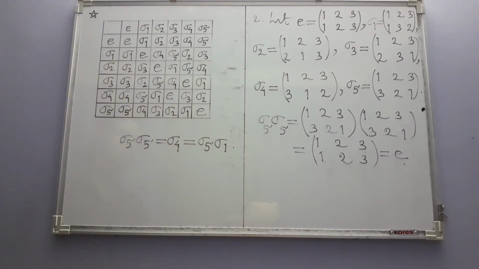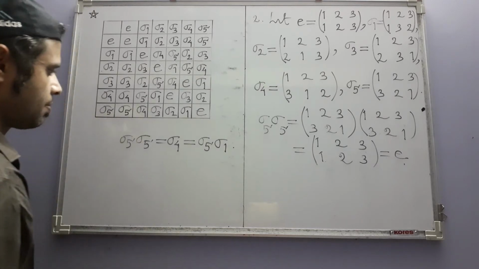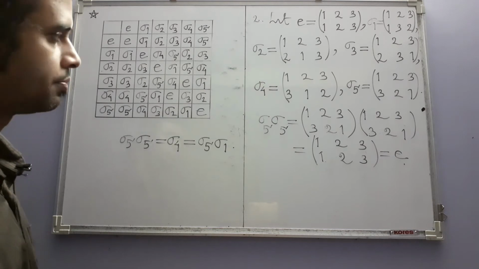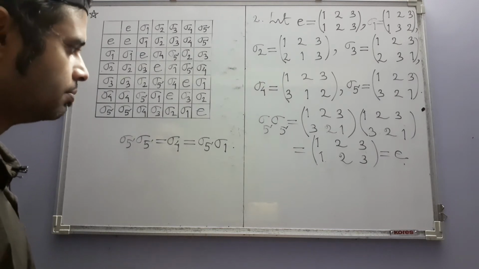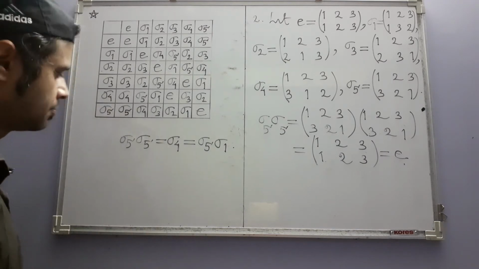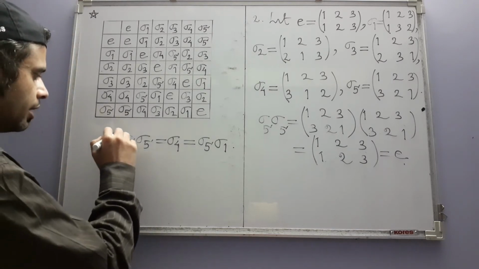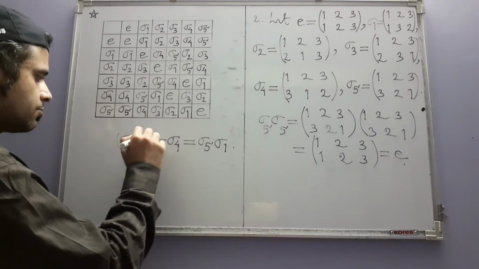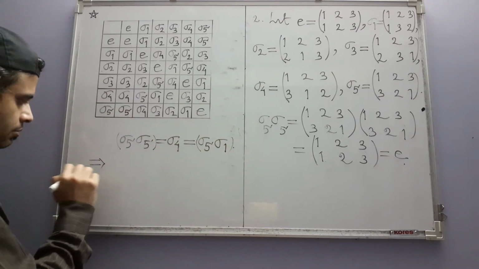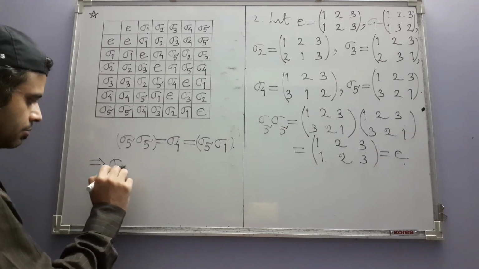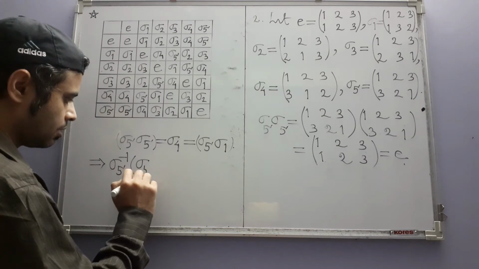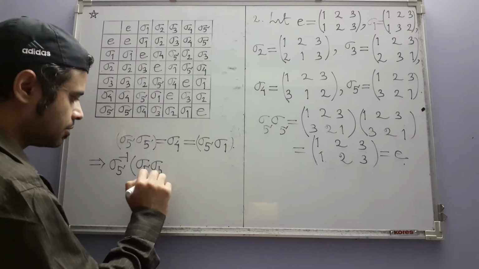Right. And now see, we know that this is a group, so sigma 5 has an inverse. Now if these two elements are equal, then multiplying them by the inverse of sigma 5 will also give us equal elements.